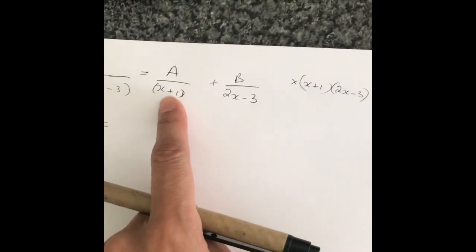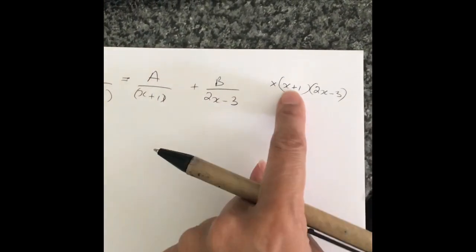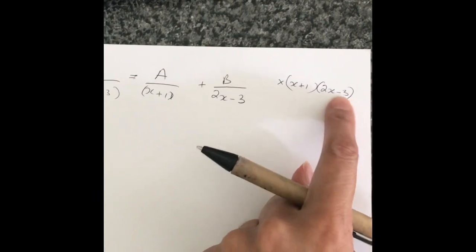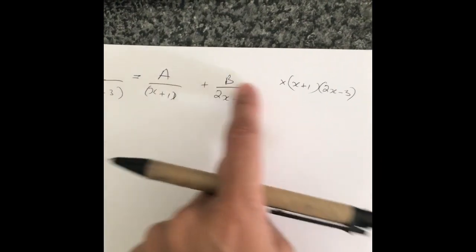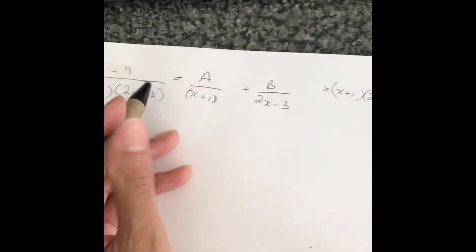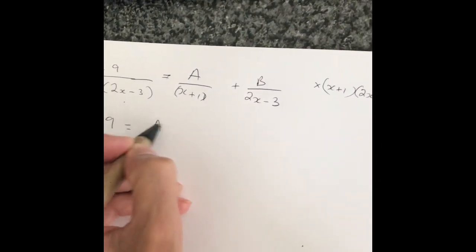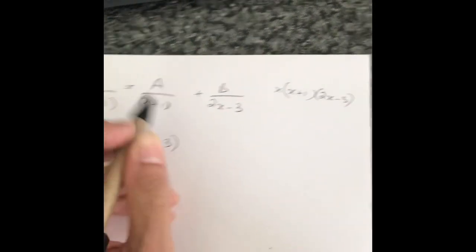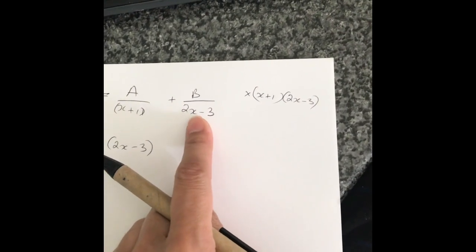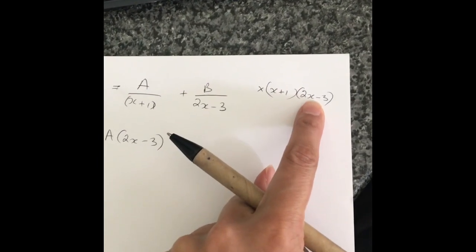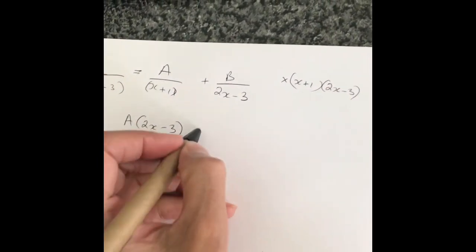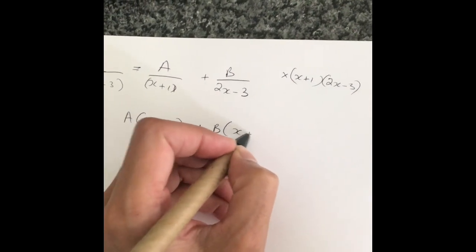For this fraction, the x plus 1 on the top would cancel with the x plus 1 on the bottom, which would just leave me with the 2x minus 3 multiplying the a. And then lastly, this fraction times that, the 2x minus 3 would cancel, which would just leave me with b multiplying the x plus 1.